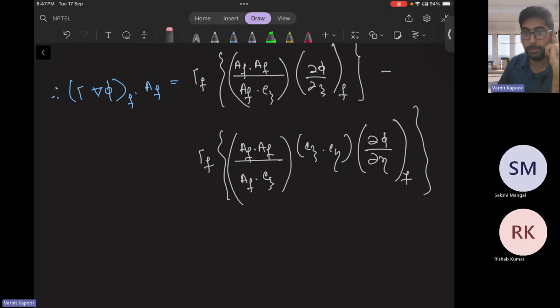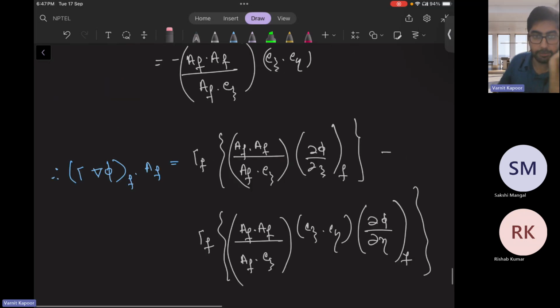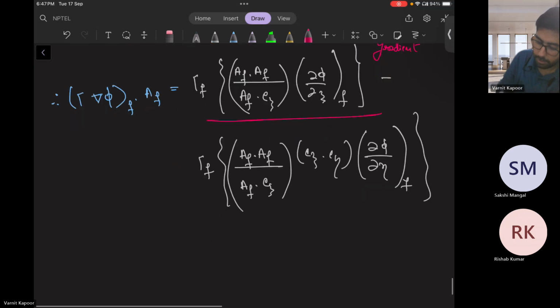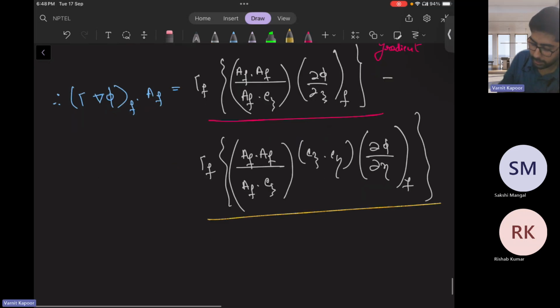Because of the non-orthogonality, the first gradient is called the primary gradient, and this gradient is called the secondary gradient.